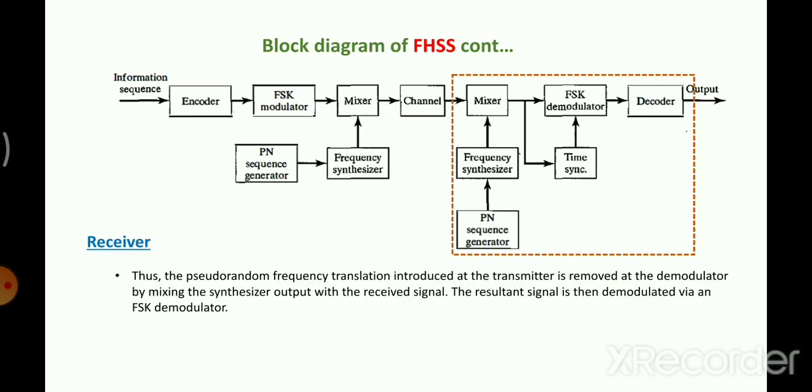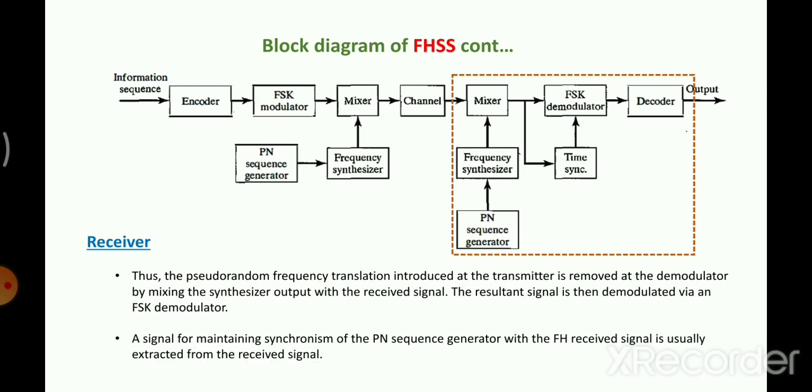So the pseudo random frequency translation done in the transmitter is removed by mixing the synthesizer output with the received signal. The resultant signal is then demodulated via the FSK demodulator. There is also a signal for maintaining synchronization of the PN sequence generator with the received signal, so there must be some synchronization mechanism which can provide proper synchronization.